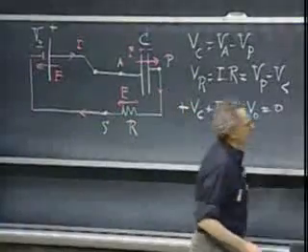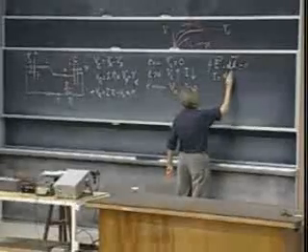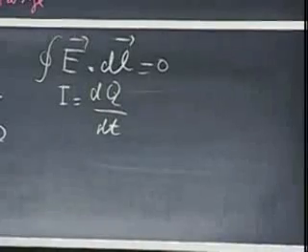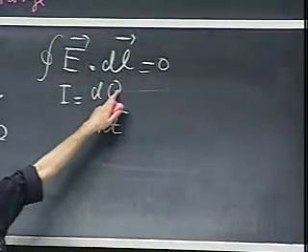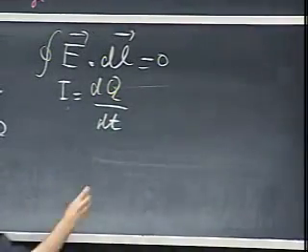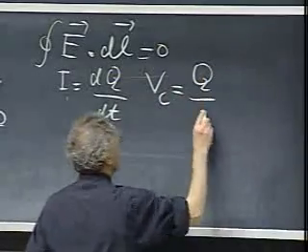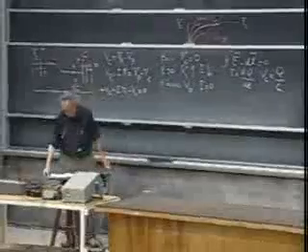And I can write it differently because I know that the current, I, is dq/dt, Q being the charge on the capacitor. It's only if that number changes, if the capacitor is either charging up or discharging, that there is a current flowing. And in addition, I know that V of C is Q divided by C. That's the definition of capacitance.